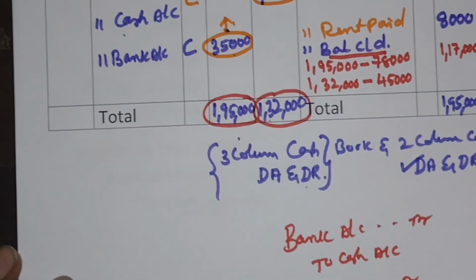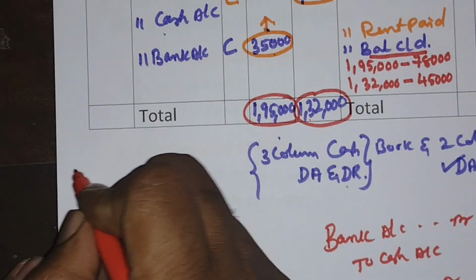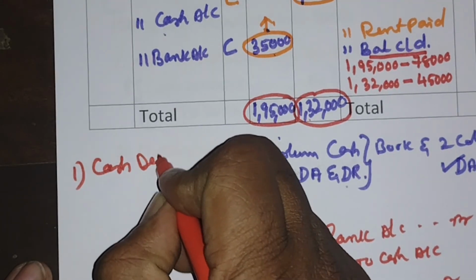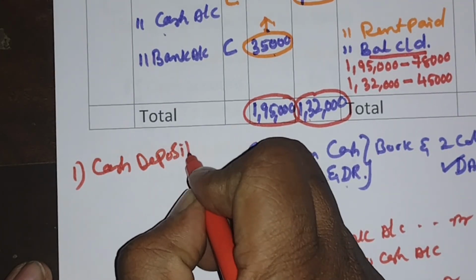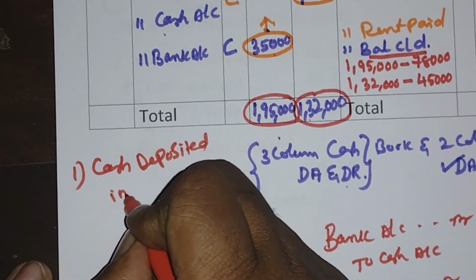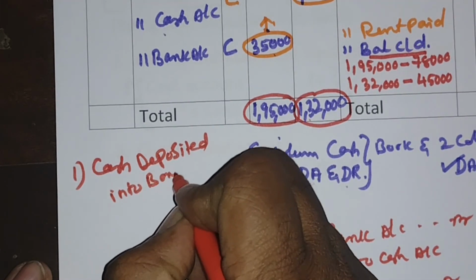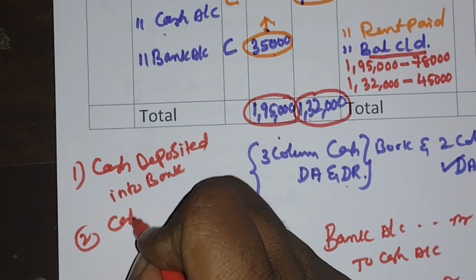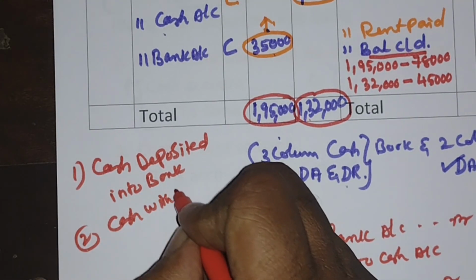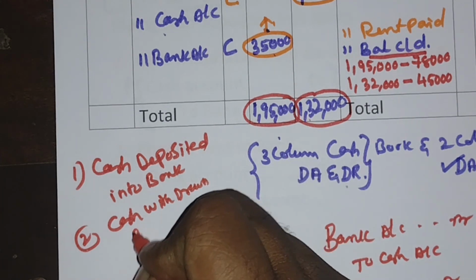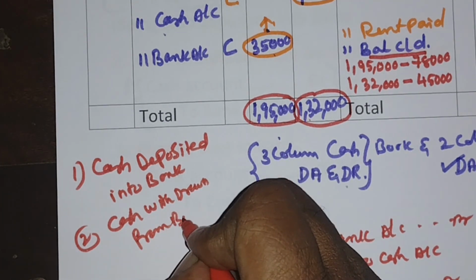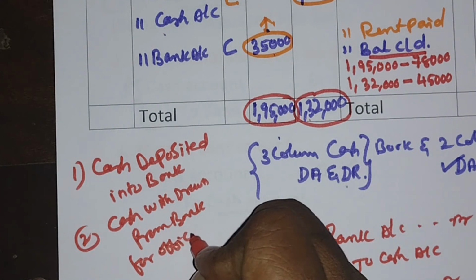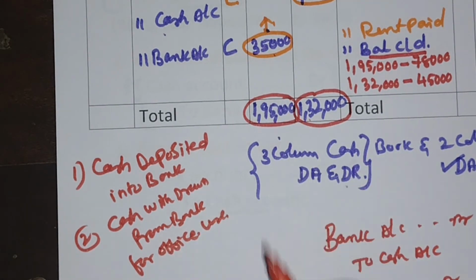Once again, what entries will appear as the contra entry? One, cash deposited into bank. Second, cash withdrawn from bank for office use.